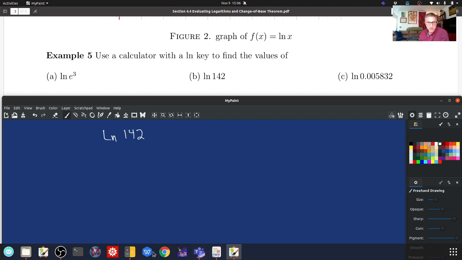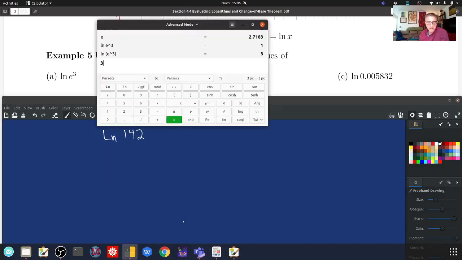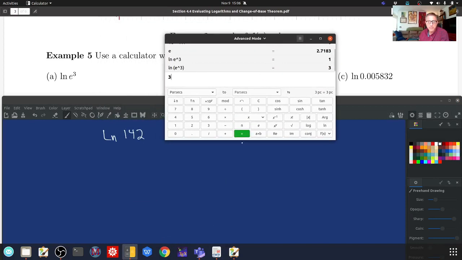So here, let's just use the calculator to find the natural log of 142. And it's 4.955. And what about the natural log of this number right here? You should expect it to be negative. That's the only insight that I would want you to think about.